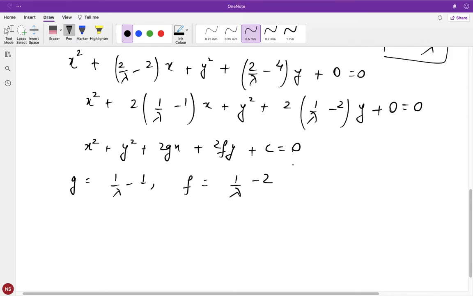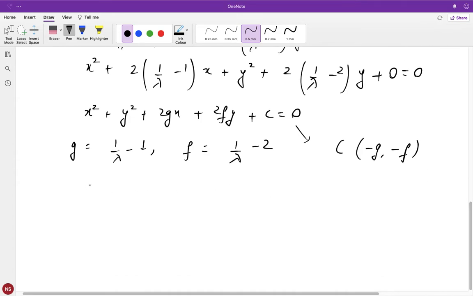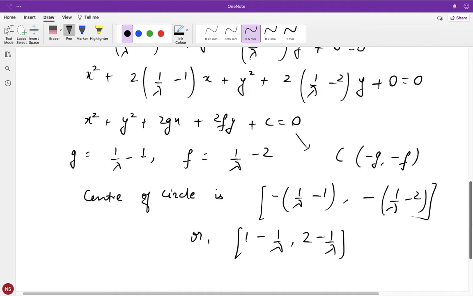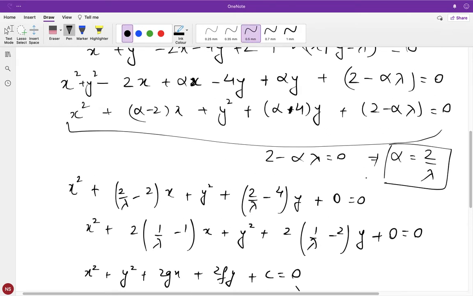And for this standard equation, we know that the center of the circle is given by minus g comma minus f. So our center of this circle is minus of 1 by lambda minus 1 and minus of 1 by lambda minus 2, or 1 minus 1 by lambda comma 2 minus 1 by lambda.